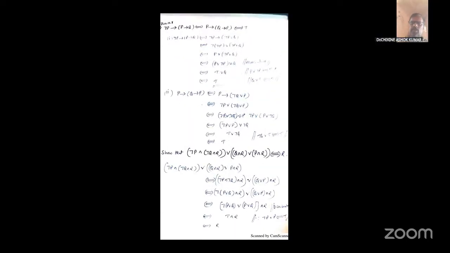It's asking to prove that the first statement, negation P implies Q, is equivalent to P implies Q implies P, or is equivalent to T. T means the entire column values will go to true only. Simply, we can show that it is an example of a tautology proposition.